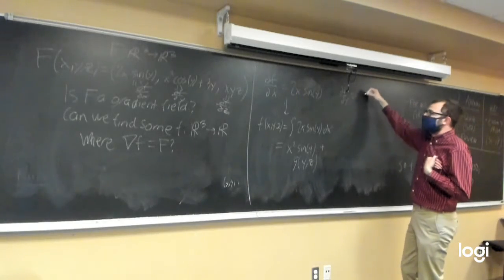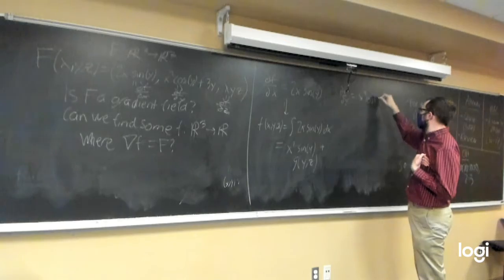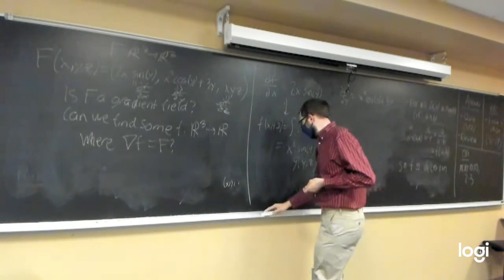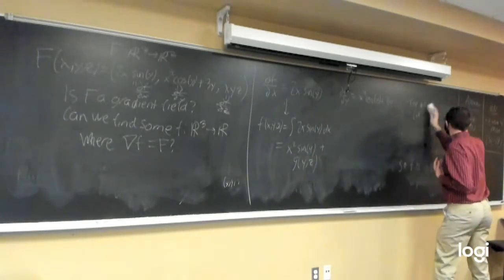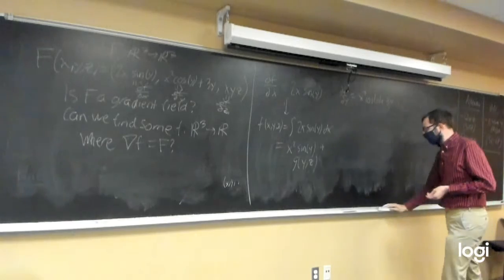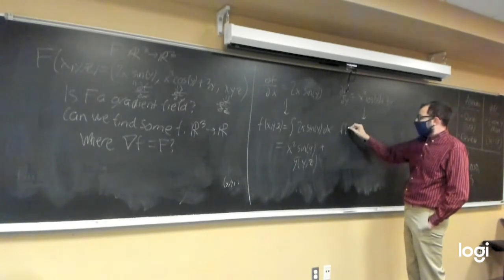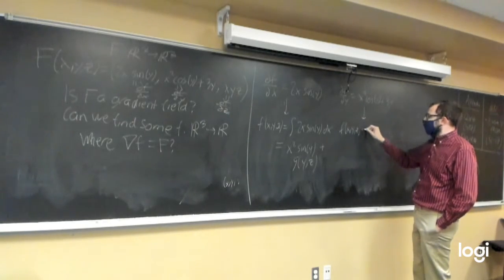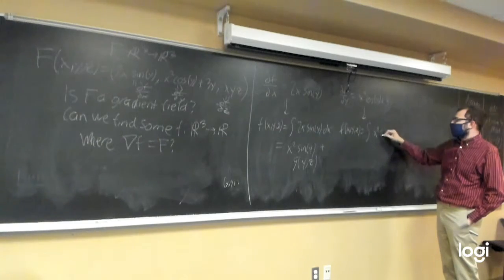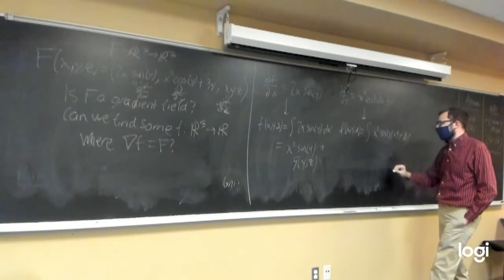So if del f del y is x squared cosine of y plus 3y, that would tell us that our function f has to be some antiderivative of x squared cosine of y plus 3y taken with respect to y.